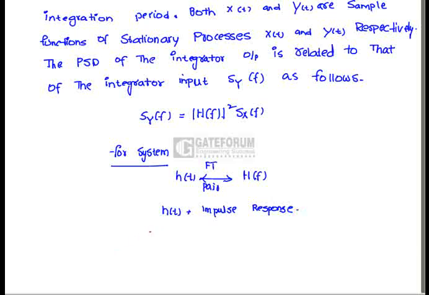To find the impulse response, we need to apply an impulse as the input signal to the system. If the input equals an impulse signal, then the output y of t equals the impulse response.